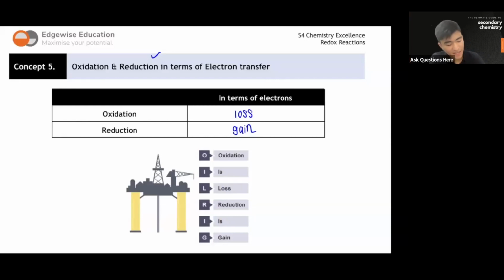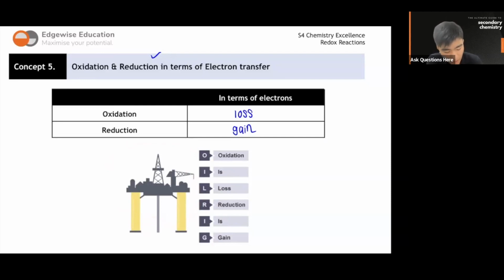There was this guy who went onto the oil rig, which is basically a crane-like structure located to mine all the oil from the ground. All these oil rigs, which help to generate the oil, have a lot of chemical reactions there. And somebody came up with this brilliant idea to turn this into a mnemonic for us to remember very easily. So what does the term oil rig actually represent?